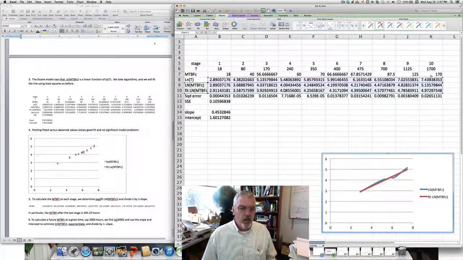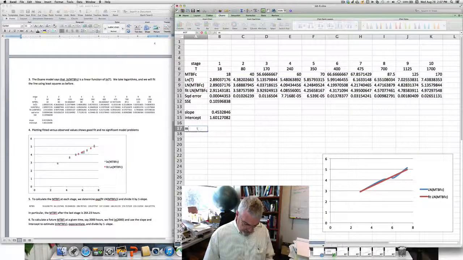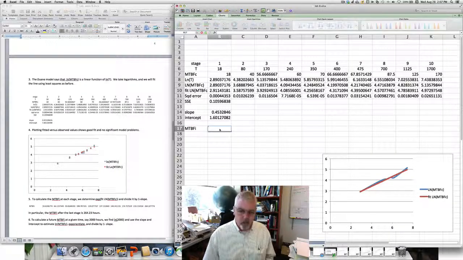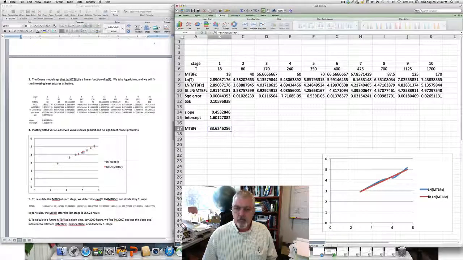So to get the estimated instantaneous mean time between failure, which says not how am I doing overall, but how am I doing at this particular point, that's equal to my predicted mean time between failure, which is e to the log of that, divided by 1 minus my slope term. Which in this case is 33, and I'm using slope and intercept instead of alpha and beta, just so we don't get wrapped up in what the different terms are.